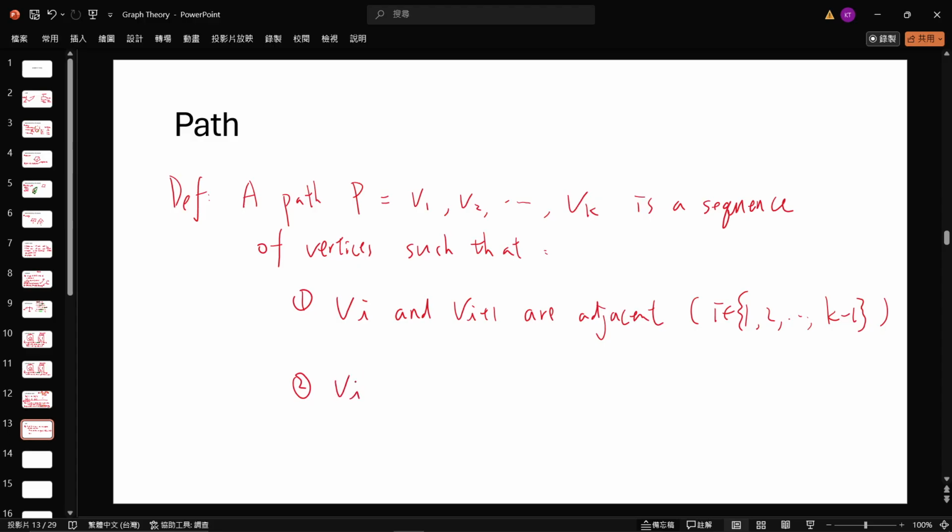And okay, so this is the way to say we do not allow repeated vertices in the sequence, or we can visit every vertex at most once. Okay, so in other words, V1 and V3 cannot be the same. Okay, V2 and V4 cannot be the same. Okay, so once you have this condition, there are no repeated vertices in the sequence, so that's a path.